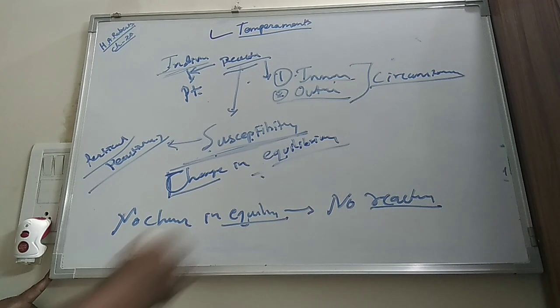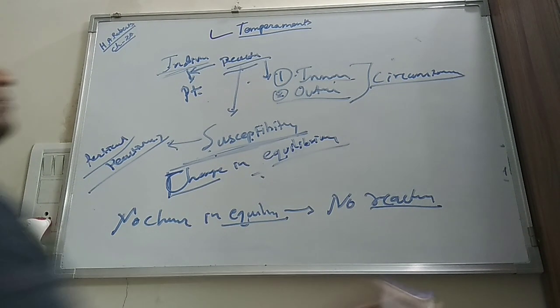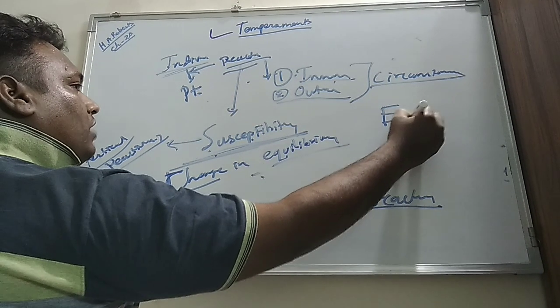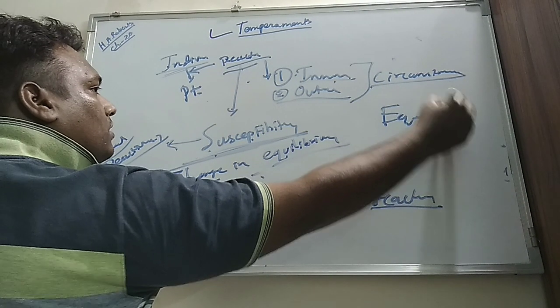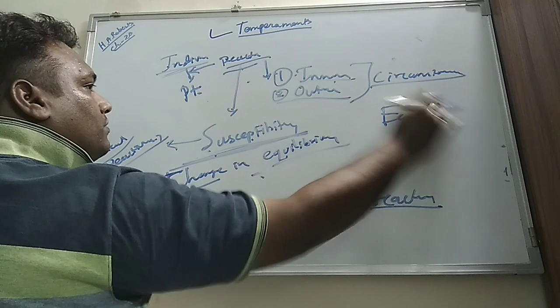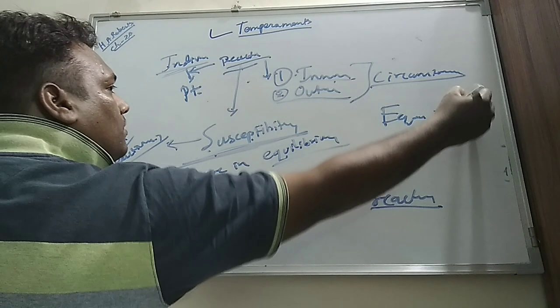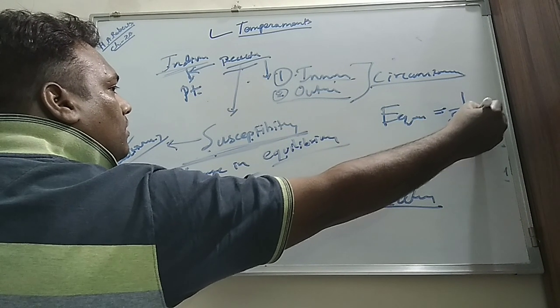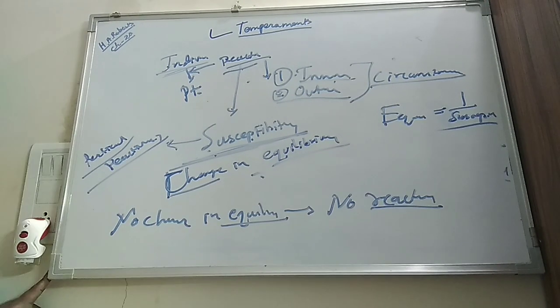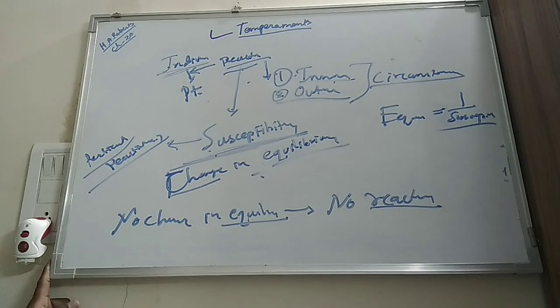That means equilibrium is equal to 1 upon susceptibility. It is completely inversely proportional to susceptibility. Susceptibility is low, means equilibrium is there.